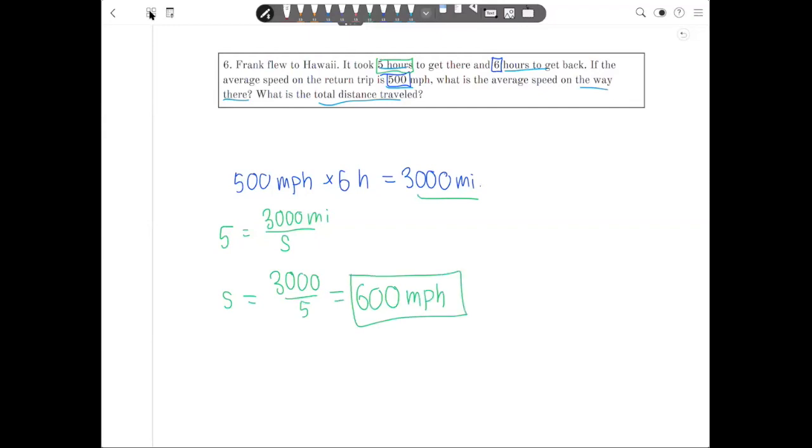So any questions on this part? Okay, now let's try the second part. What is the total distance traveled?